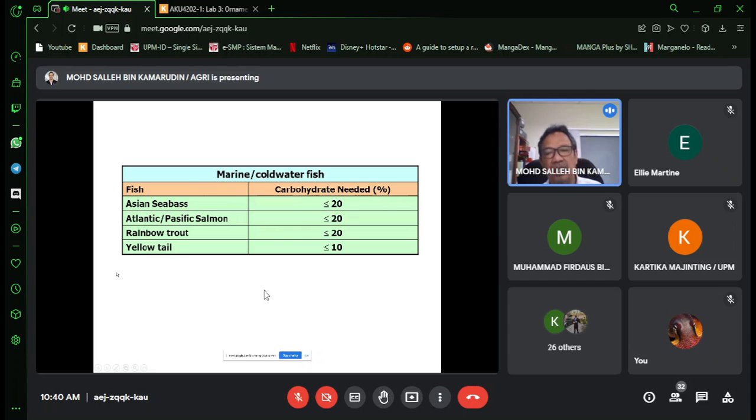And yellowtail, a tuna, yang dia migratory, not more than 10%. Kalau more than 10%, dia punya growth dah start turun. Tak boleh fast grow. Alright, so ada different dia. Freshwater fish, they can adopt more carbohydrate compared to the marine fish or cold water fish.